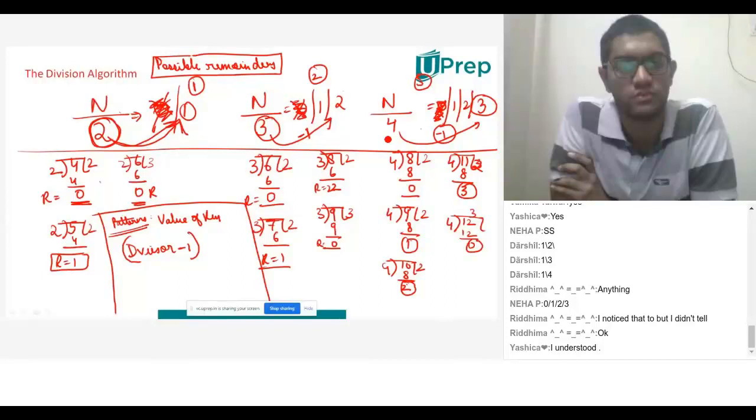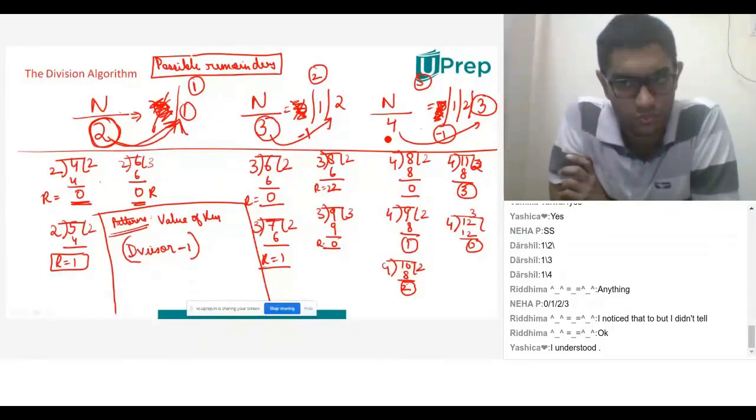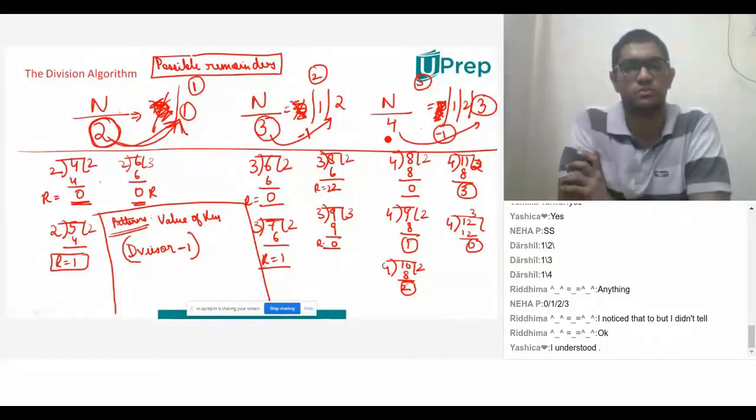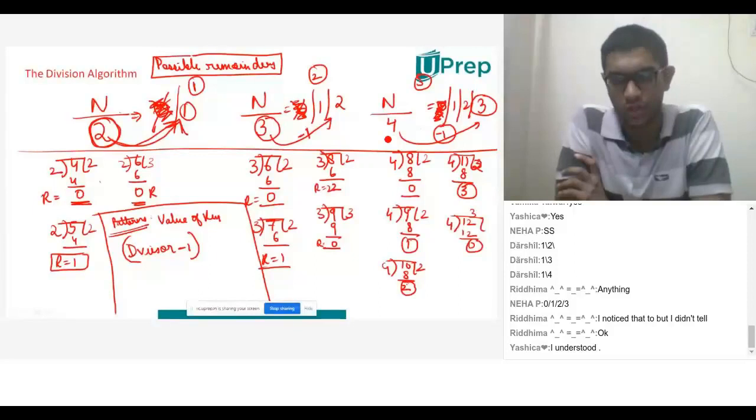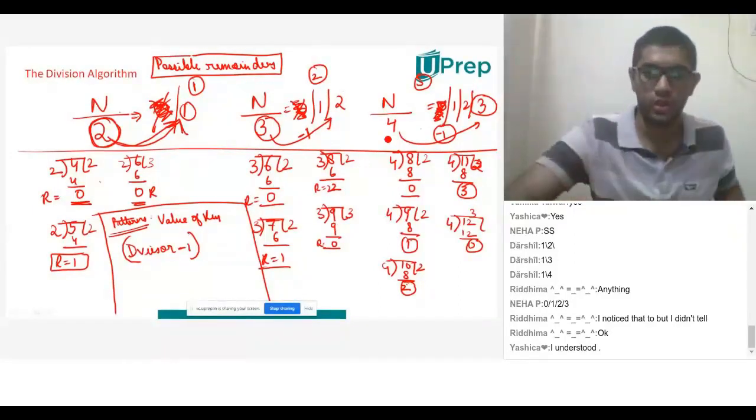That means 3 minus 1 is 2. In the third example, it's 4, and the possible remainder is 3. That means 4 minus 1 is 3. That's what I think you were planning to explain.